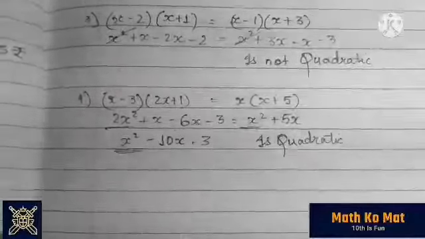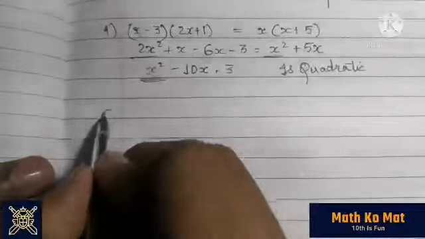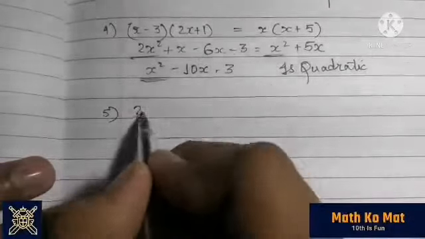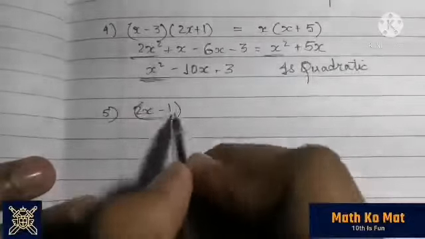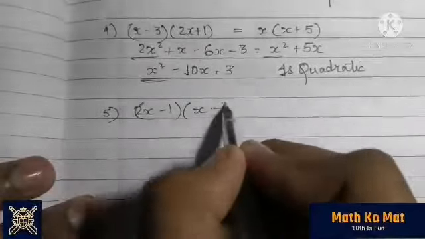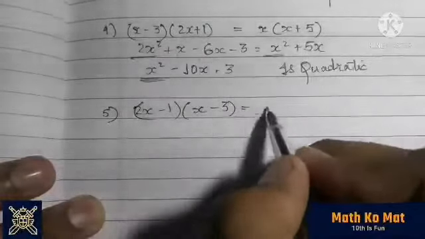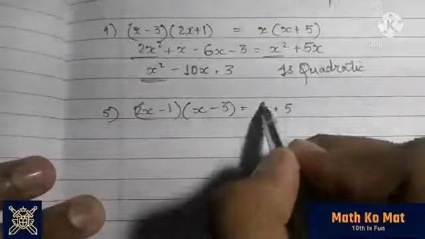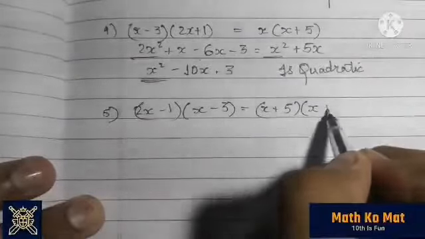Now let's move on to the fifth part. For the fifth part, you have (2x − 1)(x − 3) = (x + 5)(x − 1).